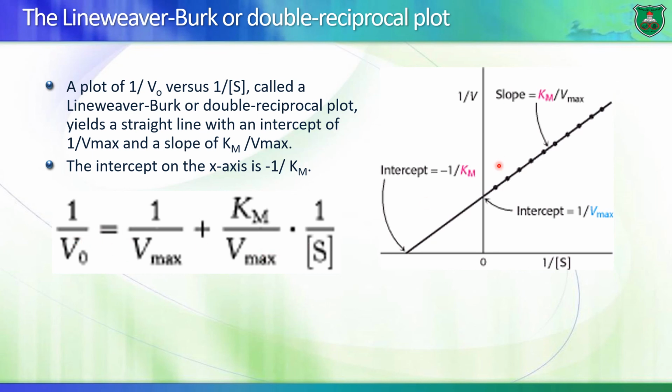Now, the idea here is that you can do a measurement of an enzymatic reaction, the rate of an enzymatic reaction, and you can collect these points right here. And then you can draw this line, and this line is hypothetical because you would not be able to get substrate concentration in negative values, right?